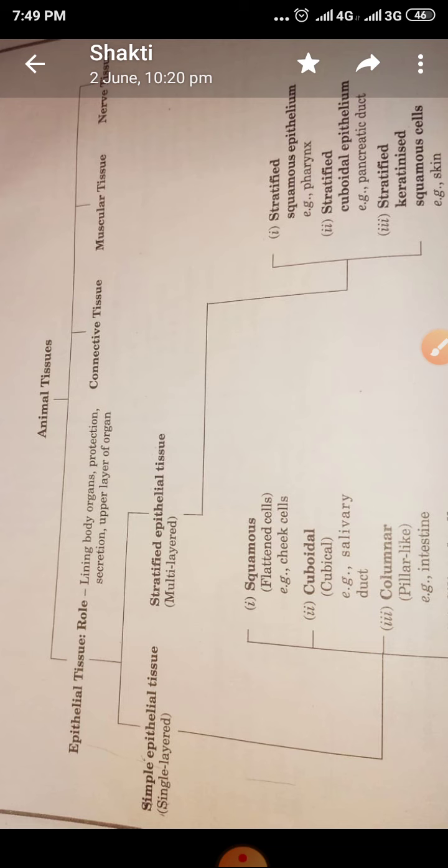Second is called germinative epithelium. It is found in the testis and ovary, where gametes are formed by meiosis cell division. It produces the gametes, so it is called germinal epithelium.